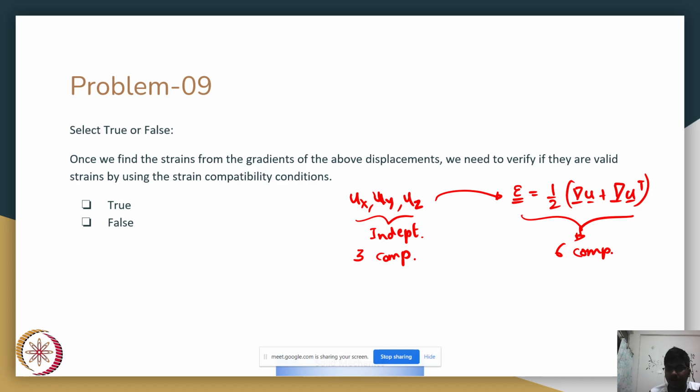If you know the displacement, then you don't need to verify the strains using the strain compatibility condition, because they will be satisfied.